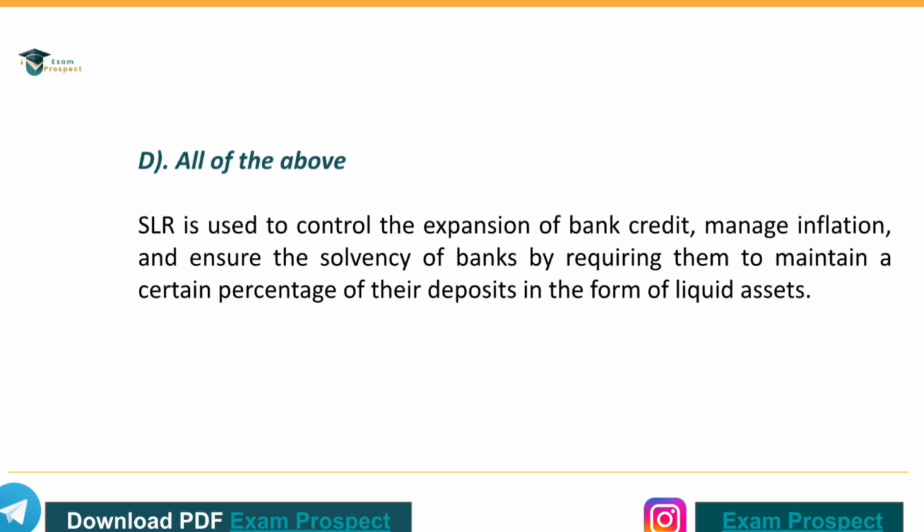Here, SLR is used to control the expansion of bank credit, manage inflation, and ensure the solvency of banks by requiring them to maintain a certain percentage of their deposits in the form of liquid assets. Here, controlling the expansion of bank credit means that by requiring banks to hold a specific portion of their deposits as liquid assets, the SLR limits the funds available for lending. This can help regulate inflation by preventing excessive money circulation in the economy.